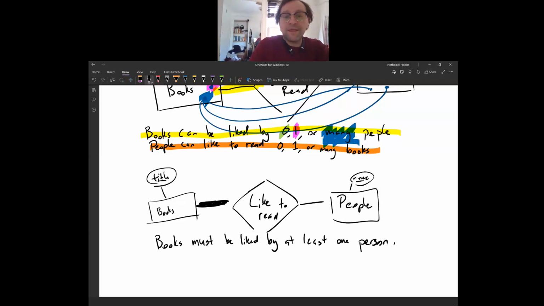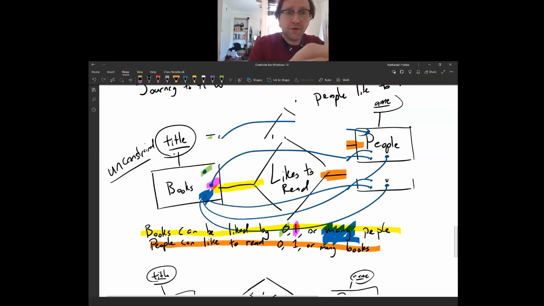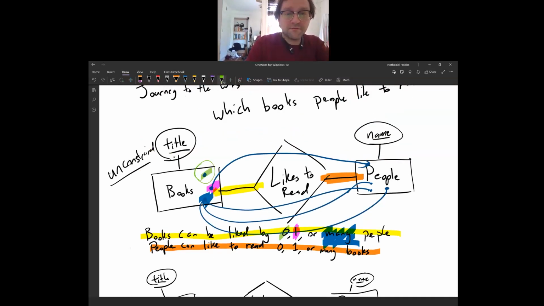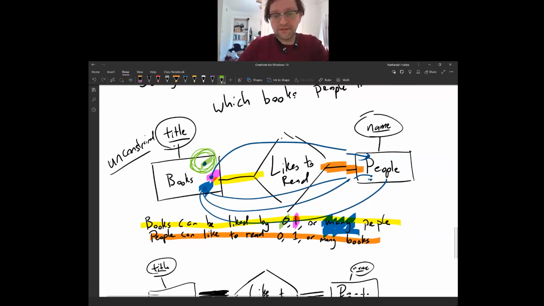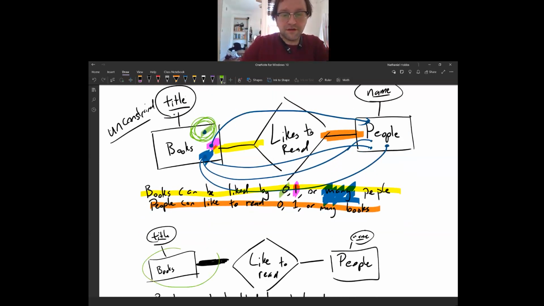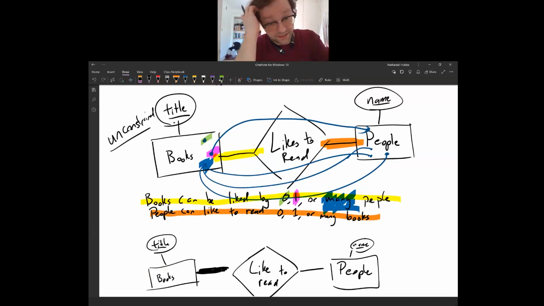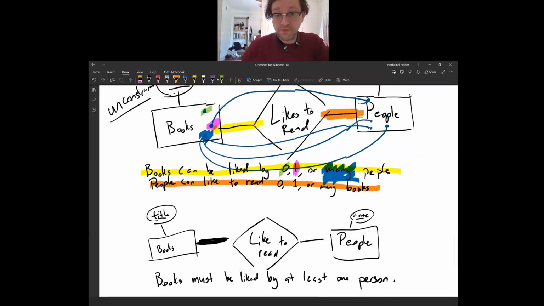So here, now this is no longer unconstrained. This point here would not be allowed inside of this table. Okay, so that is one type of participation constraint.